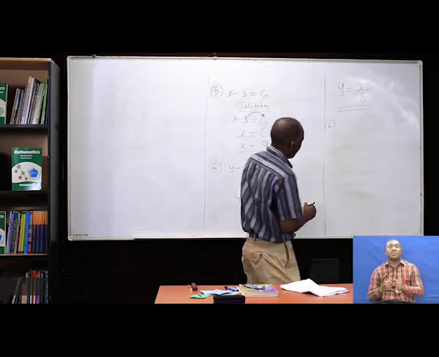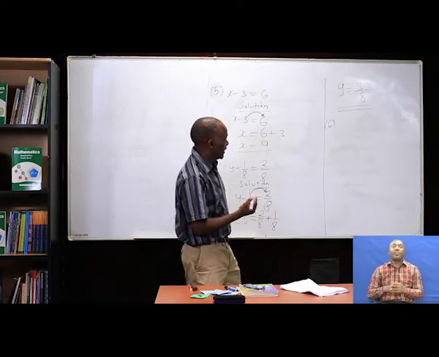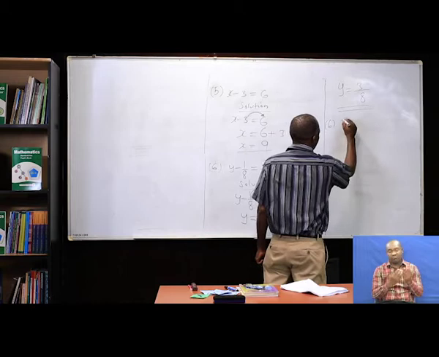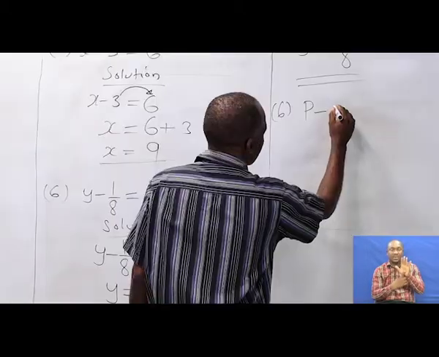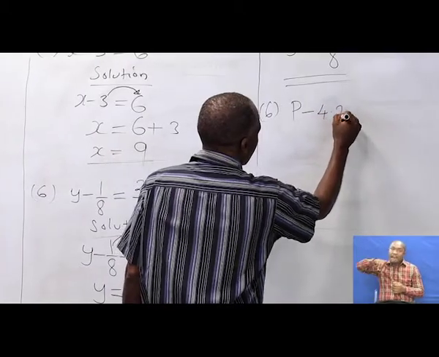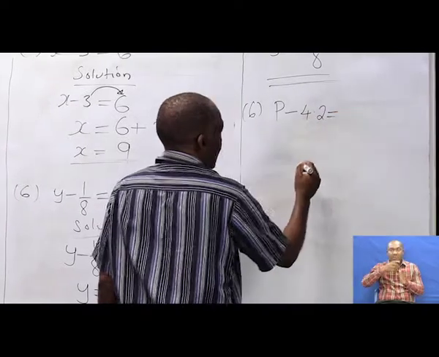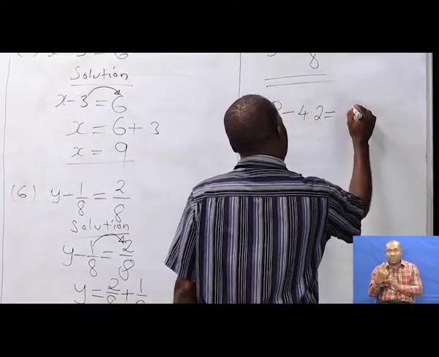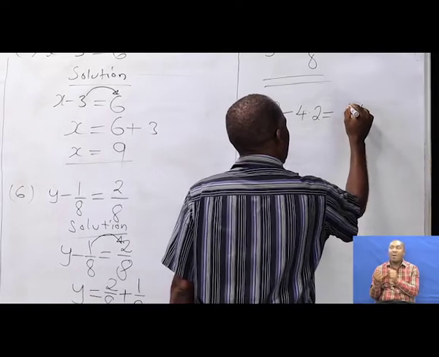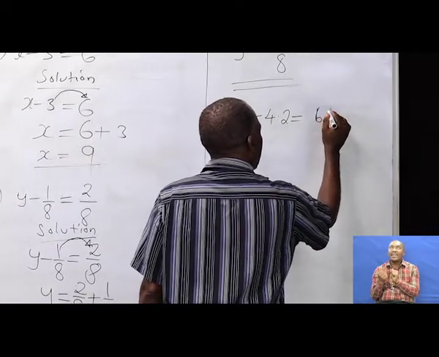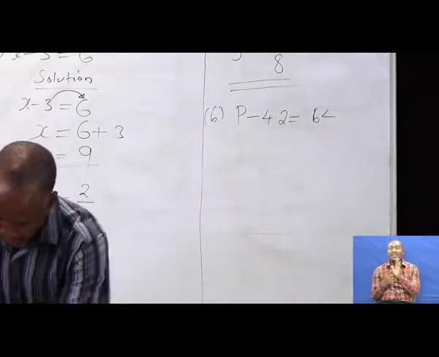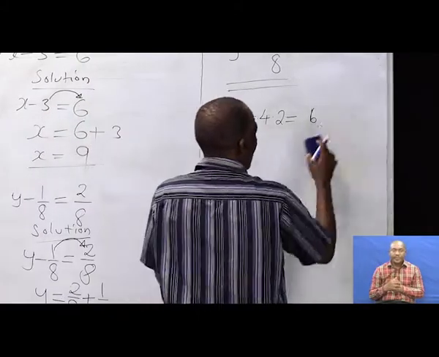Example number 6. Let us do a decimal. Let's say p minus 4.2 is equal to 6.4.